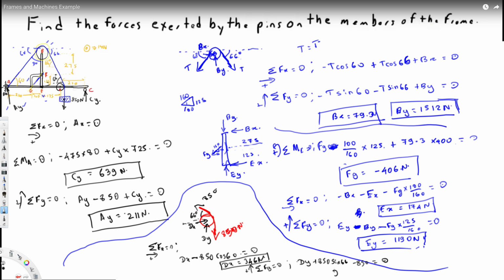From this, if I solve for dy, I will get 773.5 Newton. So this is all we need. We found ax, ay, bx, by, fg, ex, ey, dx, dy. That's all we need to find.